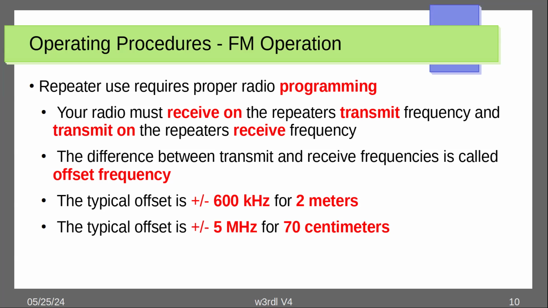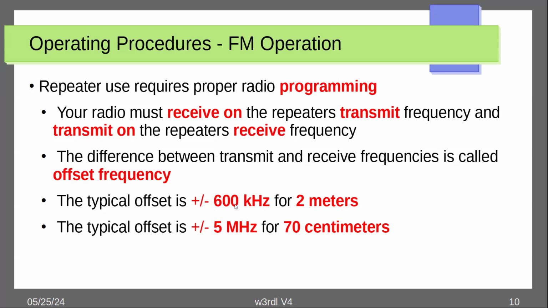Basically, what you're doing is setting up the receive and transmit frequencies, however the programming software wants you to do it. And you'll also put in the access tone called CTCSS, continuous tone coded squelch system.